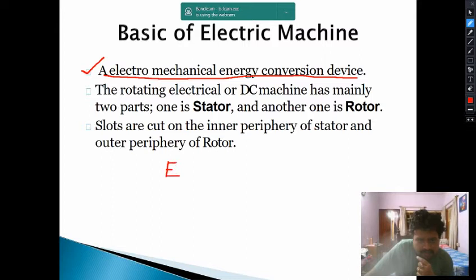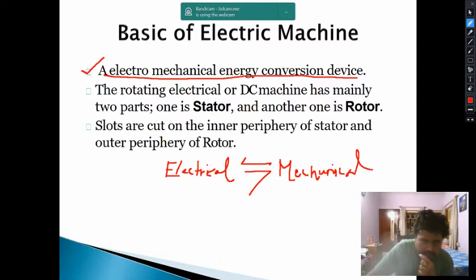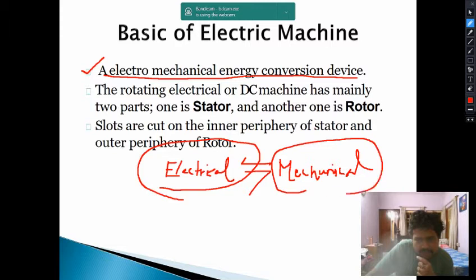So let us write like this: it is a device which is an interconversion between electrical and mechanical energy.